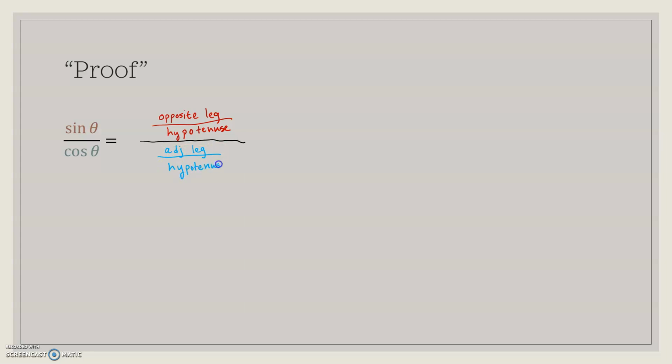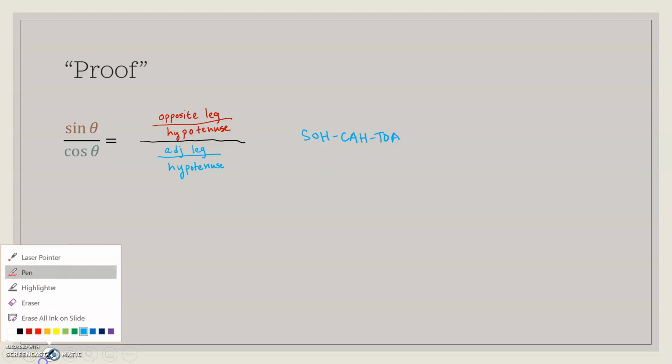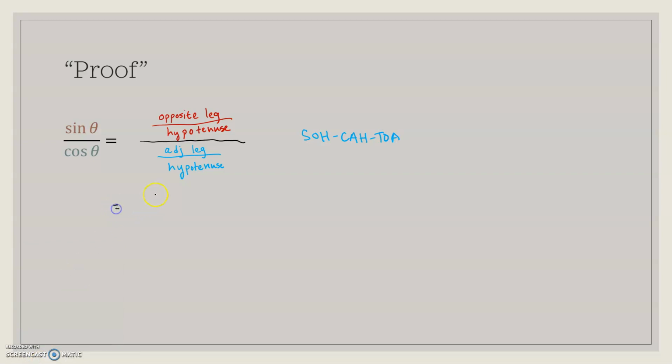And the logic for this step is SOHCAHTOA, right? It's the definition of sine and cosine in a right triangle. And then we're going to try to simplify this expression. So we're going to rewrite it so that we're dividing two fractions here. This is the sine fraction divided by the cosine fraction.